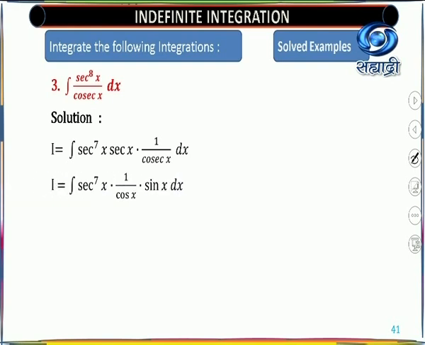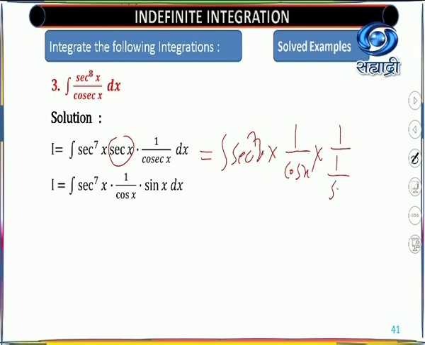Now sec raised to 7x stays as it is. Sec x is 1 upon cos x, and 1 upon cosec x is sin x, so the denominator's cosec goes to the numerator as sin x.